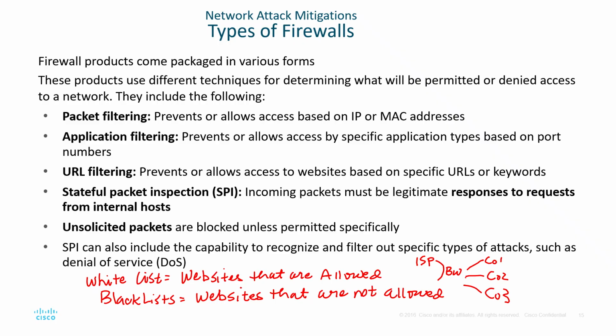Now, without getting into too much detail at this juncture, this is what ISPs will do or can do. So what happened in my circumstance, and what can happen, again, not maliciously, is Company 2 sent a bogus email.